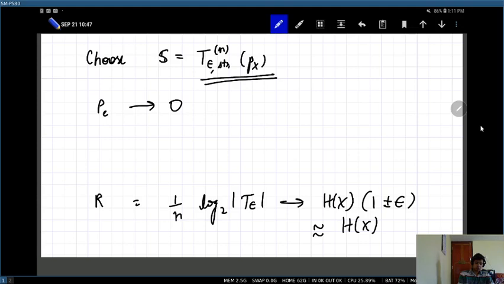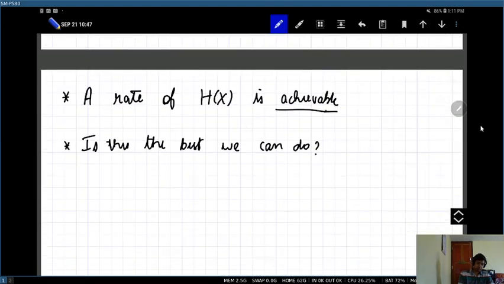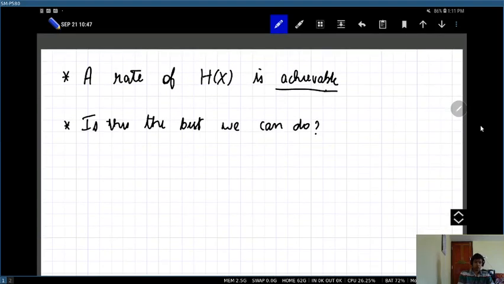So therefore what we've essentially shown is that there exists a compression scheme for which the probability of error is vanishing in n, and at the same time the achievable rate is H(X), the entropy, right? So this is typically called an achievability proof, and one part of the proof of the source coding theorem. So we've shown that there exists a compression algorithm which achieves a rate close to the entropy.